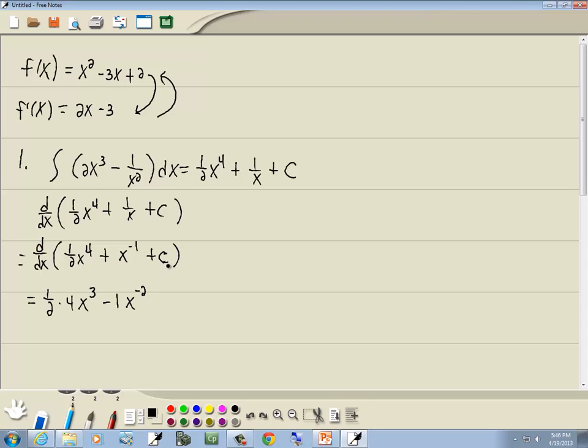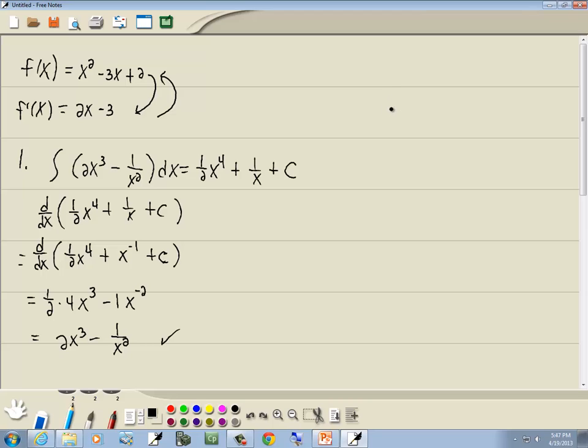And the derivative of a constant goes to 0, so that disappears. Well, 1/2 times 4 is 2, so we got 2x to the third. And I'm going to take this x to the negative 2 back downstairs. We got minus 1 over x squared. And see, that's equal to the left side, so that verifies that.